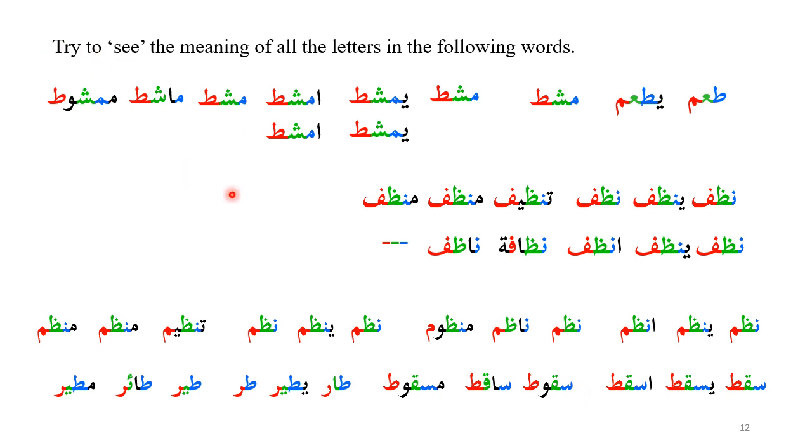That is 3 for fi'l and 3 for ism. Remember, ism doesn't quite mean noun. It includes noun, adjective, adverb, like this, and then the fa'il includes the subject always, and it may include the object if there is an object.